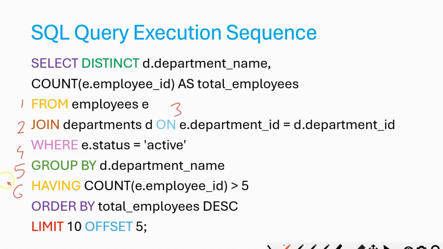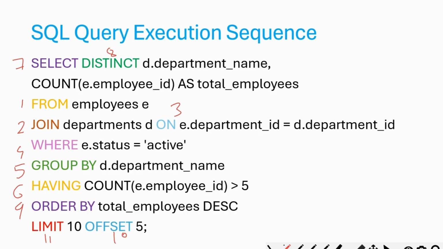Then it executes the select statement and picks the resulting data, and then it applies distinct and removes the duplicates. After that it orders the resulting data in descending order, and then it offsets or skips the first 5 rows, and at the end it executes the limit to display only 10 rows. So this is the query execution sequence of this query, and based on this logic you can create the execution plan of any query.